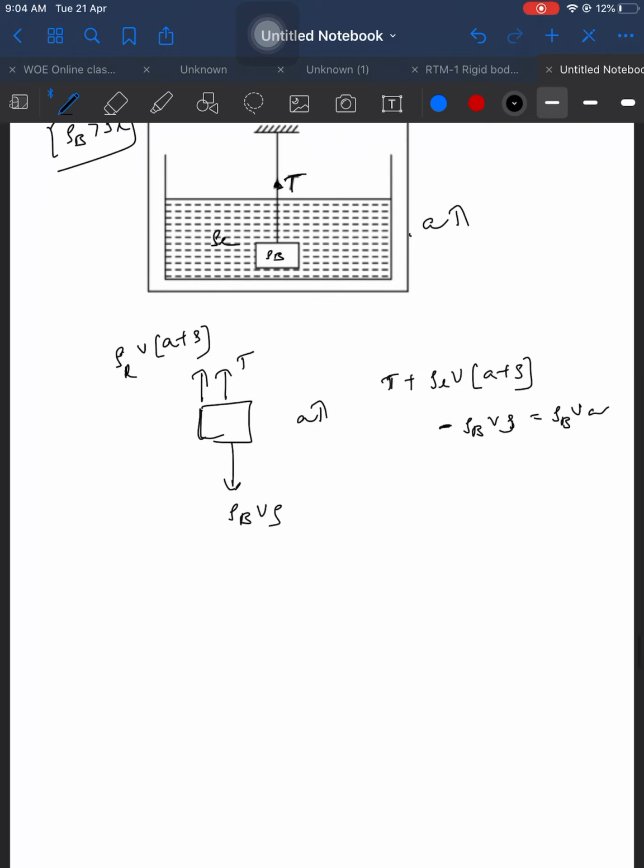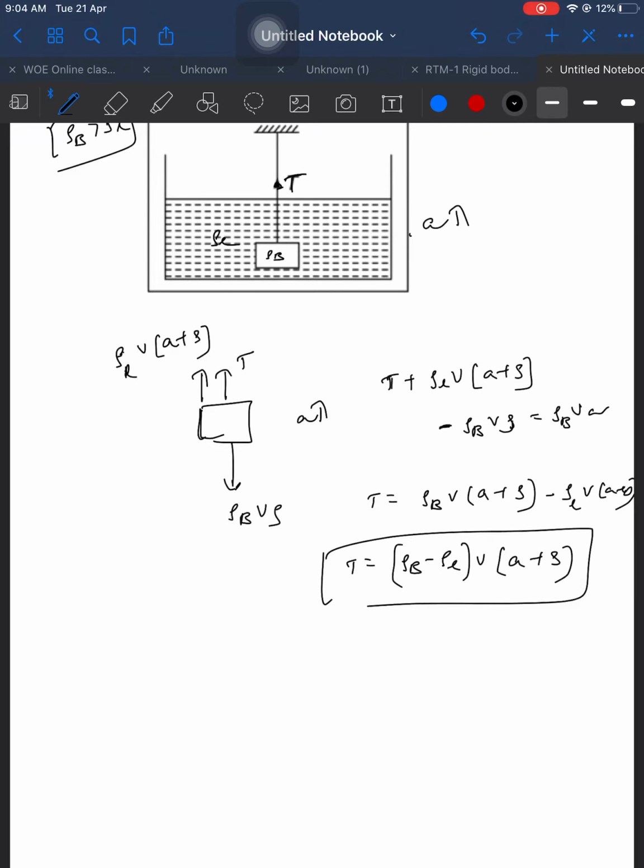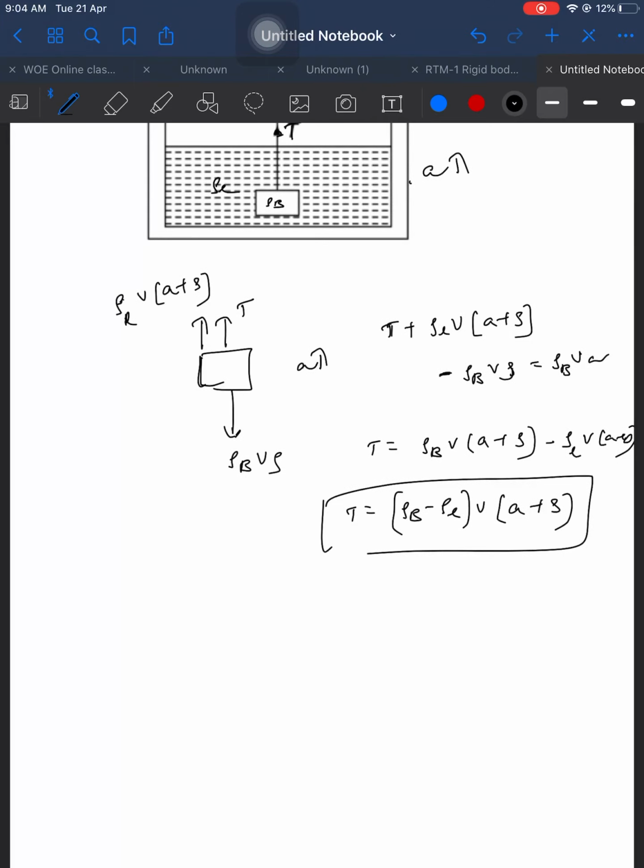If we take it to the other side, T is equal to rho b v into (a plus g) minus rho l into v into (a plus g). Tension is equal to (rho b minus rho l) into v into (a plus g) when the body is going upwards.